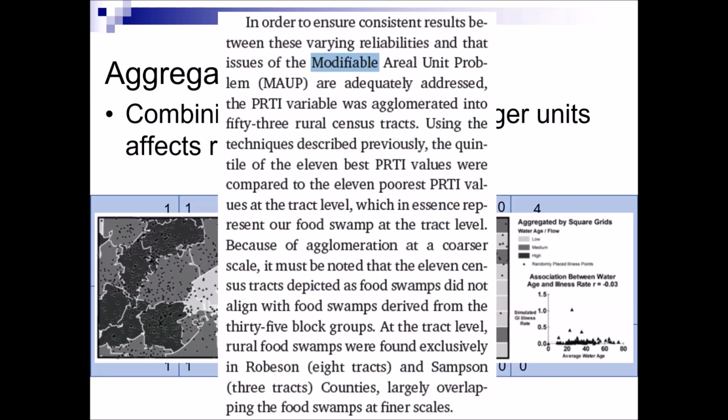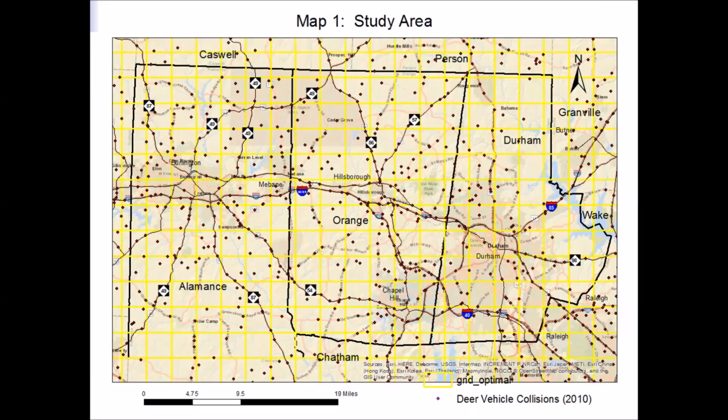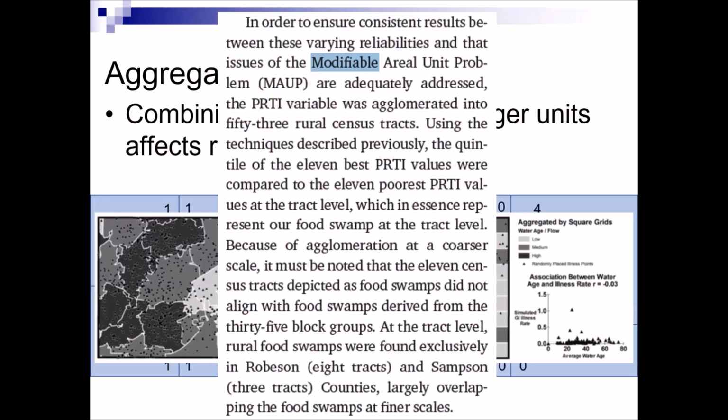And so a lot of times you'll see the term modifiable area unit problem right here. This is taken from one of the papers, and after our break, I'll show people where those papers are. But basically what I did was group data at the block group level, and then I run a two-tailed t-test, and then I run another two-tailed t-test at the tract level and say, see, these indicators popped at both, meaning statistically significant at the tract level as well as the block group level, for median household income, percent minority, and high percent Hispanic or something like that.